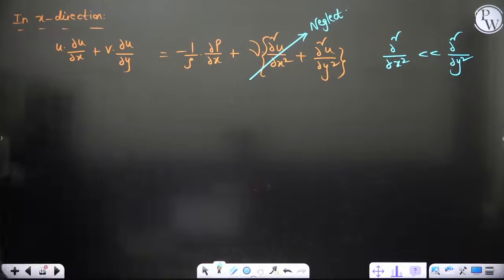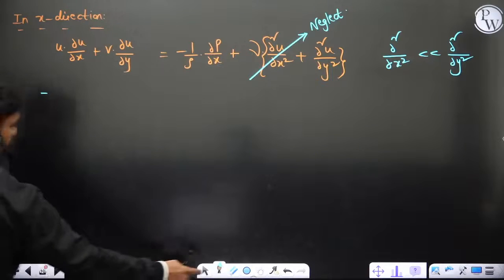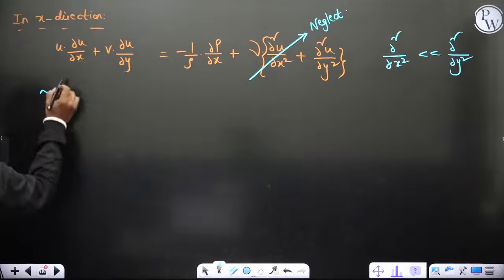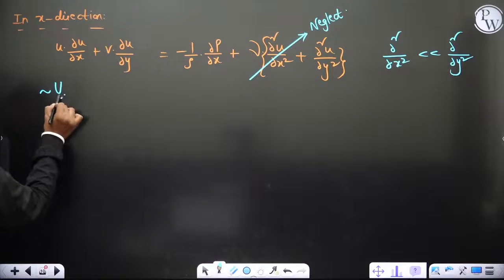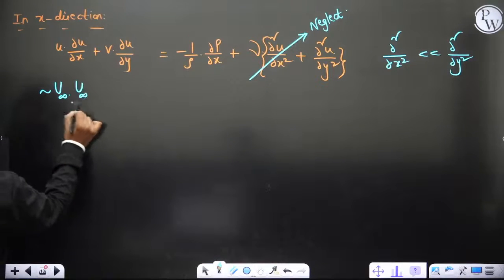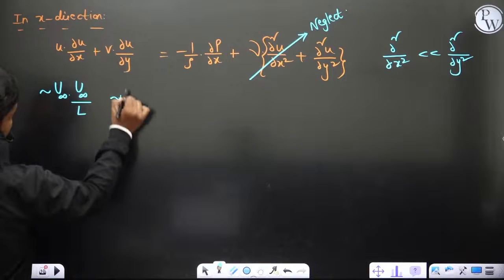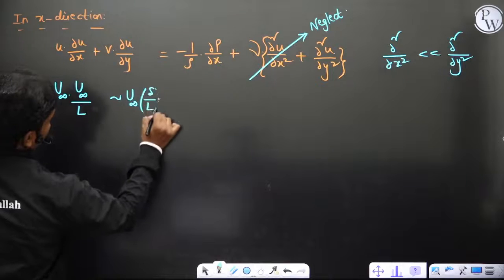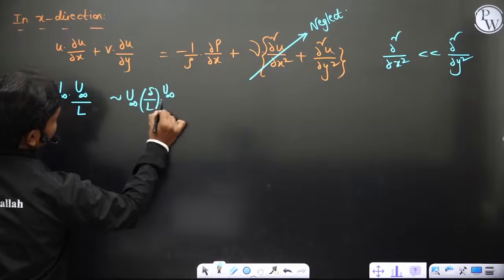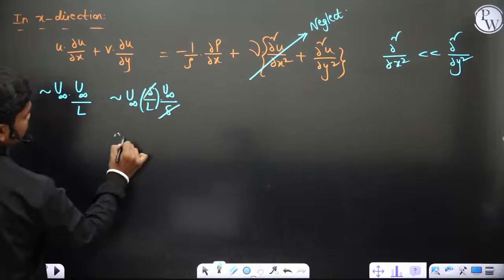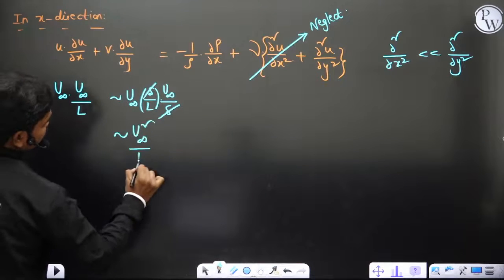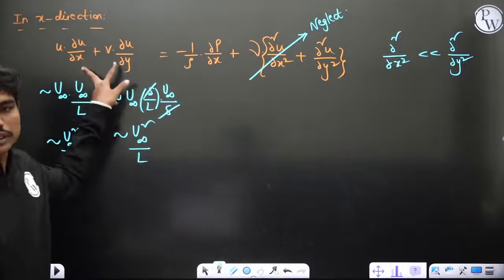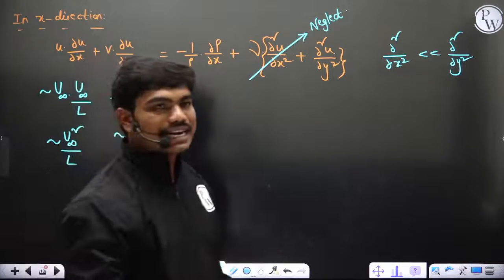Now coming to this, the magnitude of these two terms will come same. u can be scaled to u infinity, dou u can be scaled to u infinity, this can be scaled to L, and this can be scaled to u infinity into v, which is u infinity delta by L, into u scaled to u infinity, divided by delta. So delta delta gets cancelled. This will scale to u infinity square by L, and this also scales to u infinity square by L. So these two magnitudes are of the same order. You cannot neglect any one of them.